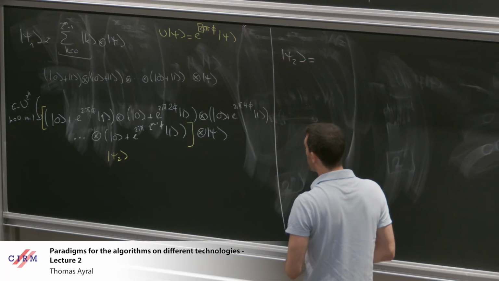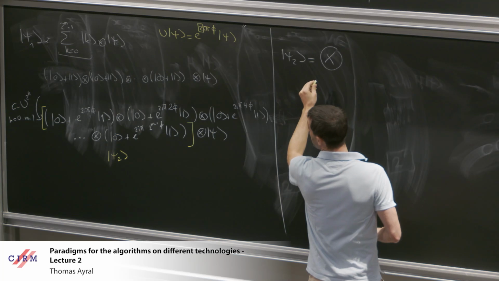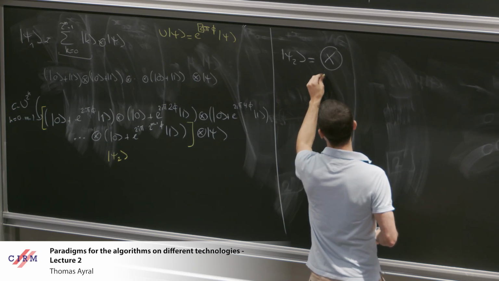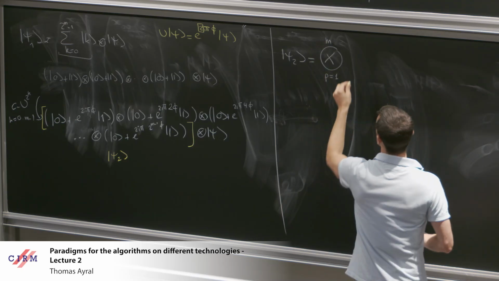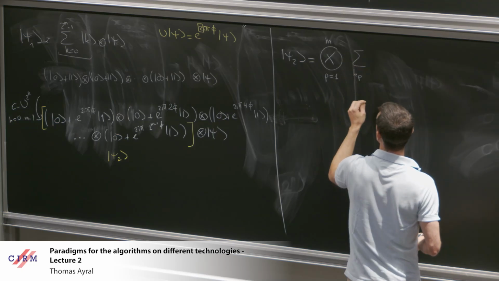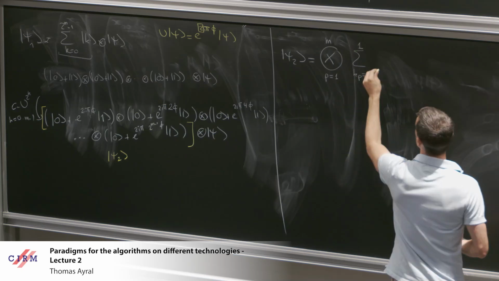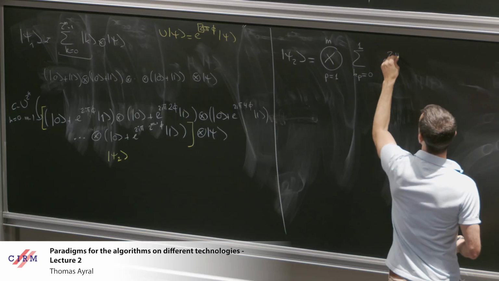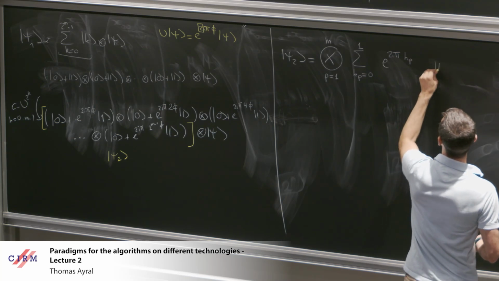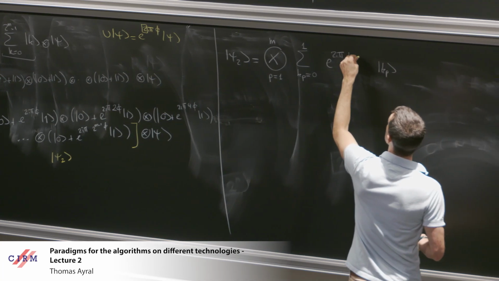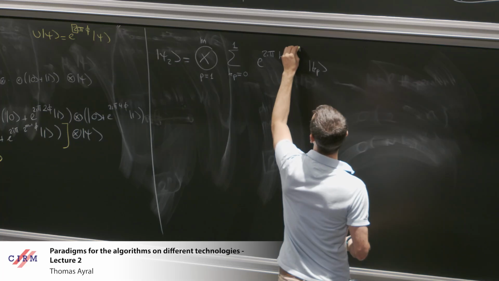So this state is essentially a big tensor product, let's say over p from 1 to m, of the sum over kp from 0 to 1 of exponential of 2 i pi kp times 2 to the p minus 1, if I'm not mistaken, phi, |kp>.